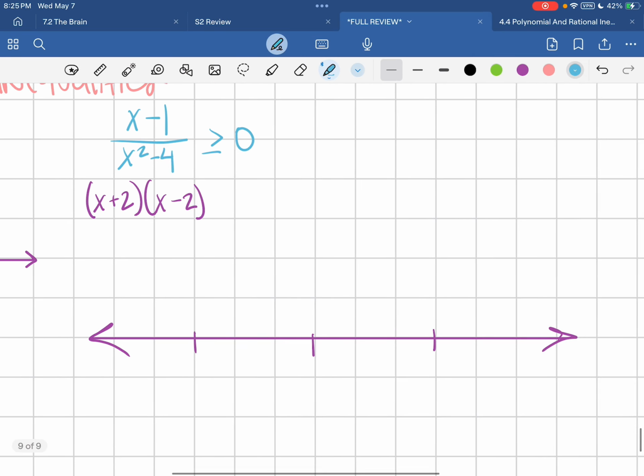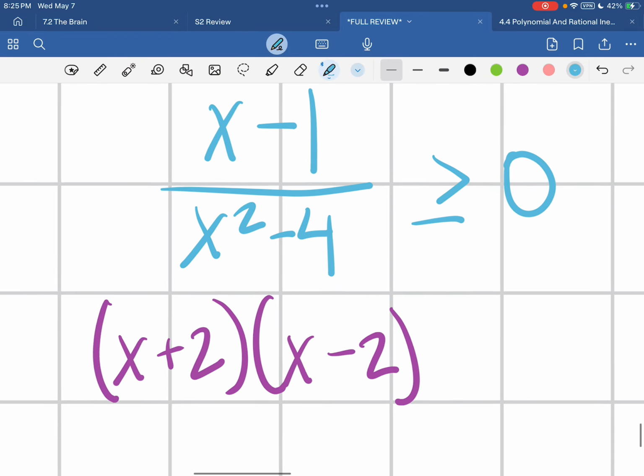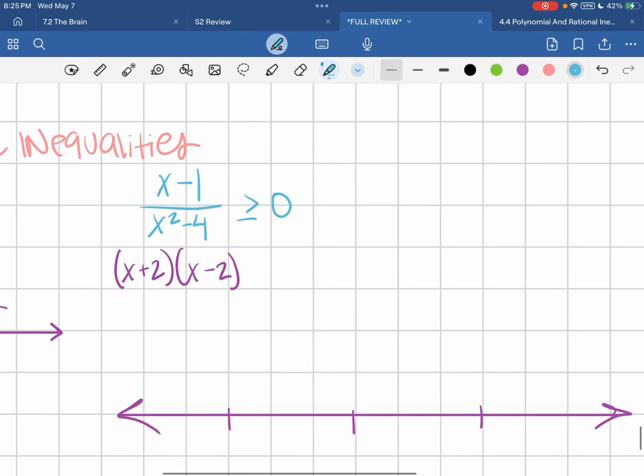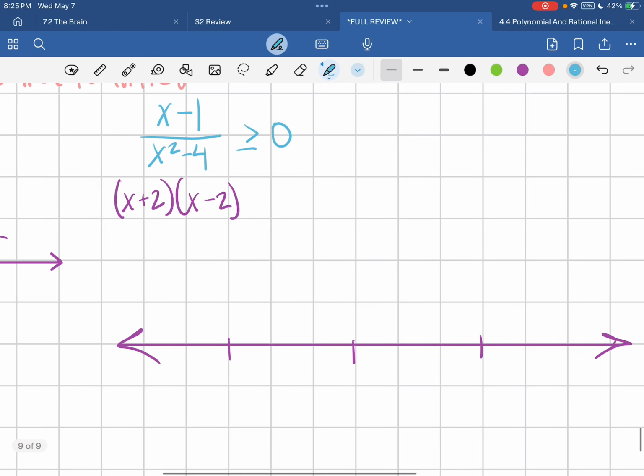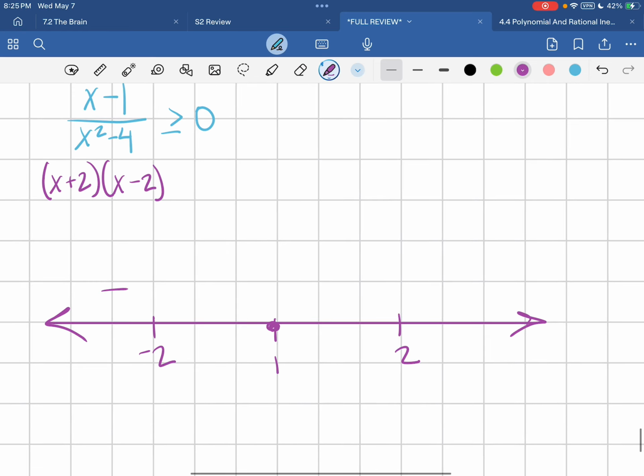Next would just be a rational one, where this is your original equation, and then I factored out the bottom. That means you're going to have a vertical asymptote at negative 2, and then also at 2. And then you're going to have a 0 at 1. Okay, and then in this case, you would test points again, and it becomes negative, positive, negative, positive. In that order, you would just test them.